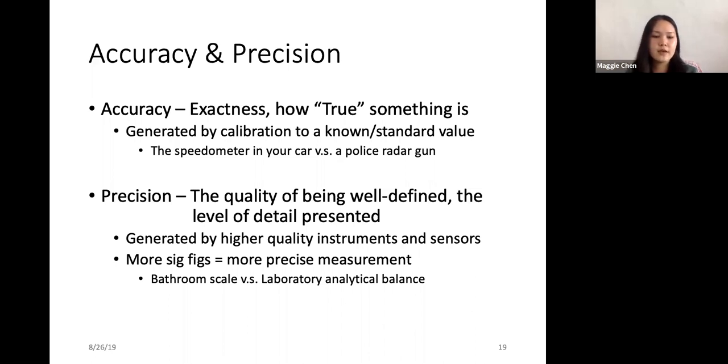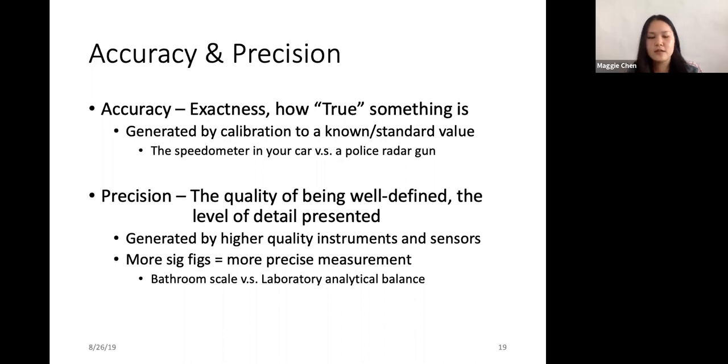If we're looking at a bathroom scale versus a laboratory analytical balance, your bathroom scale maybe could give you one decimal place. Say you weigh yourself, then you eat an Oreo and weigh yourself again, it's probably not going to change. You probably can't see how much of a difference that is.